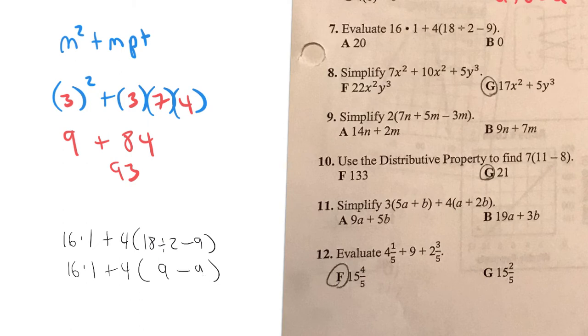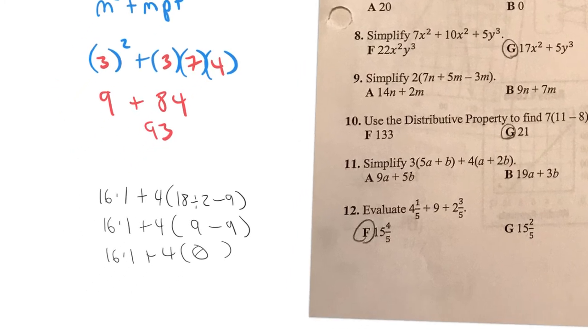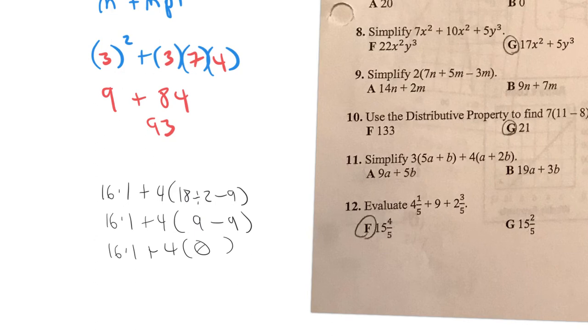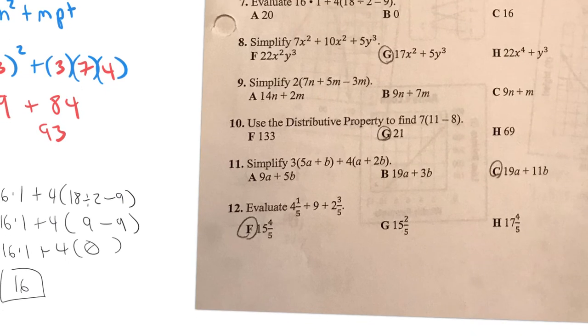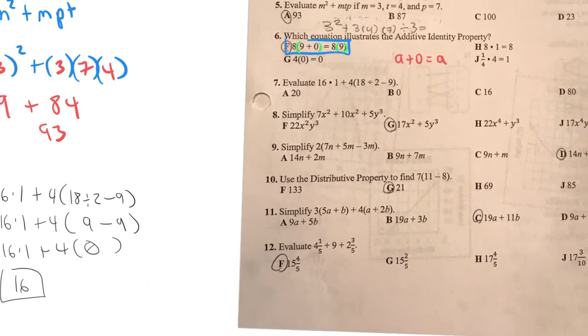We have 9 minus 9. What is that in the parentheses? Well, that is clearly 0. So we have 4 times 0 there. 16 times 1 plus 4 times 0. At this point, we can begin to multiply. 16 times 1 is 16. 4 times 0 is just 0. So we're left with 16 because 16 plus 0 is just 16. So that's that.